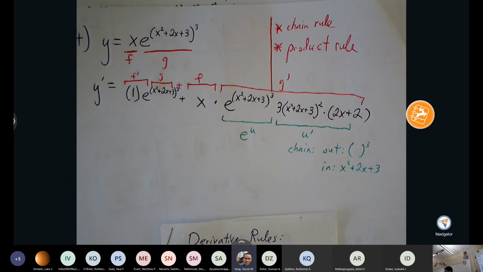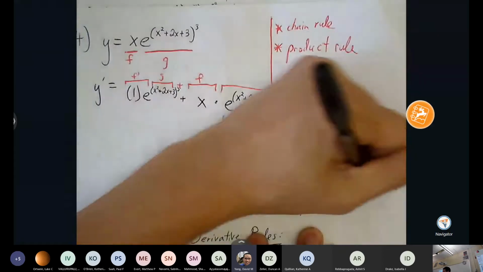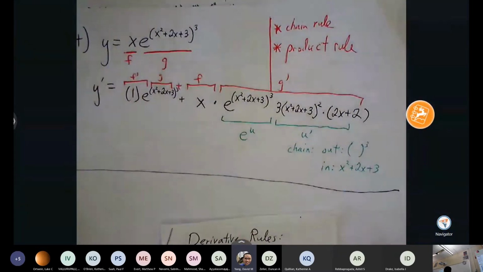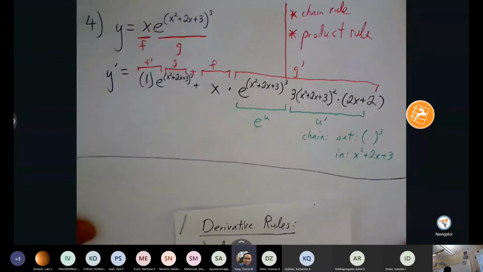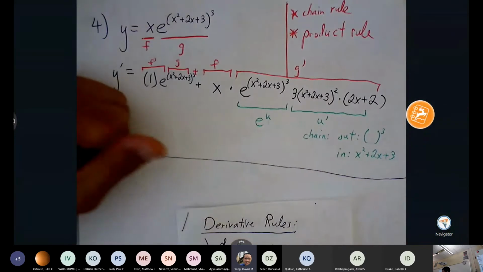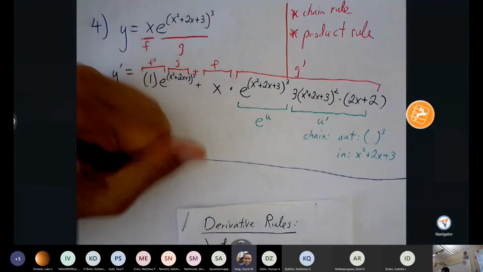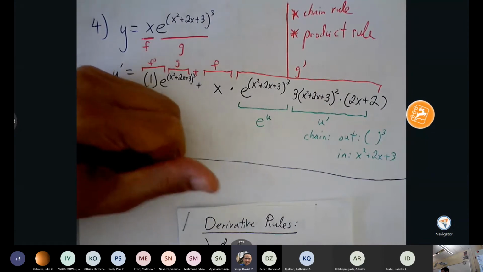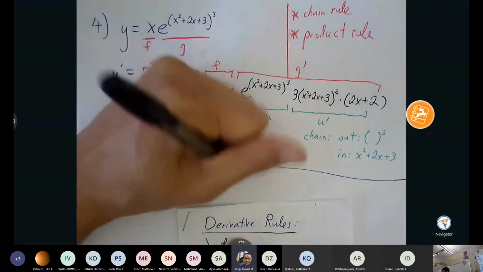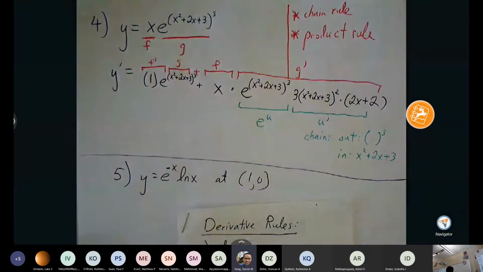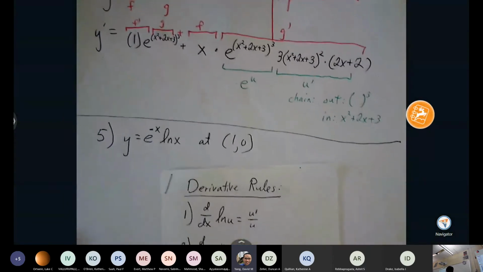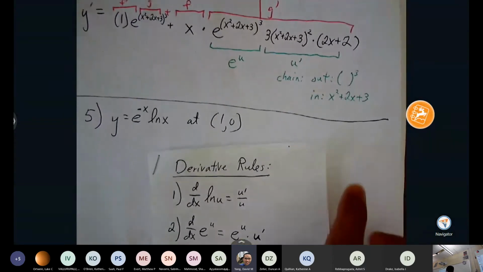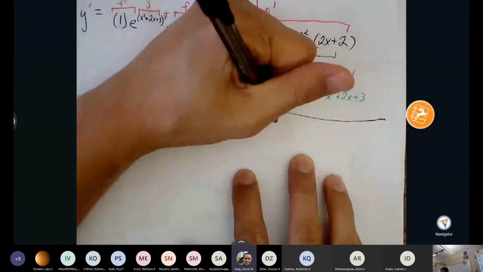All right, example 5. Okay, so example 5, we're doing a little bit more involvement than just the derivative. It's asking to find the tangent line equation.